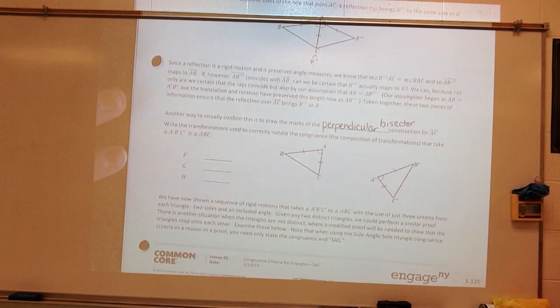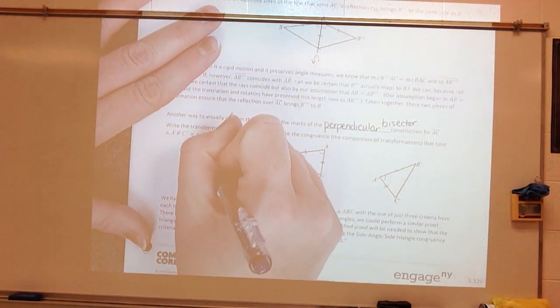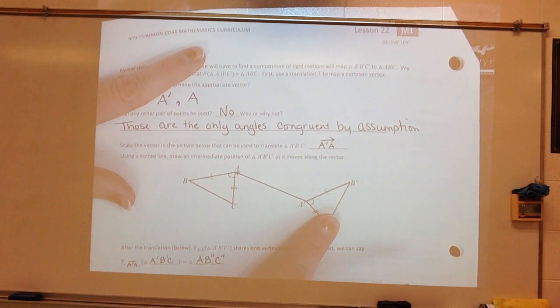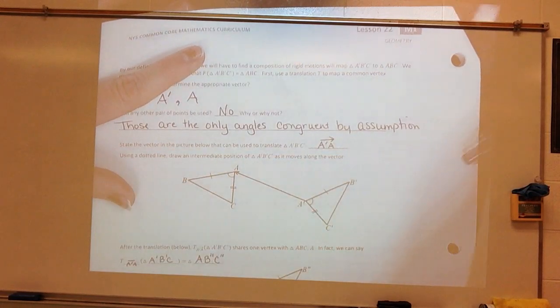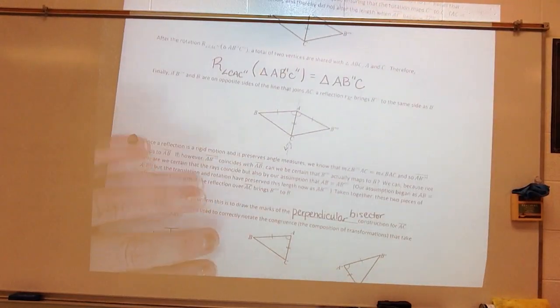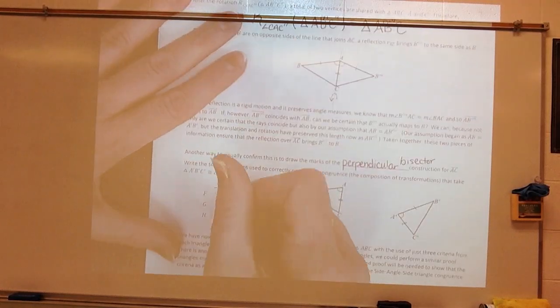The first thing we did was we did a translation. Alright, if you go back, the first thing we did was a translation, which is a slide. We slid our figure over. Alright, the second thing we did was a rotation.